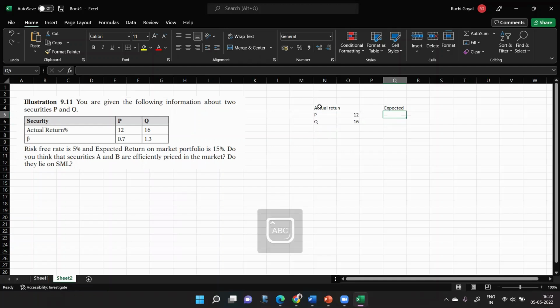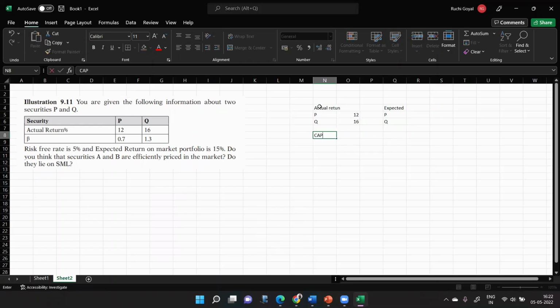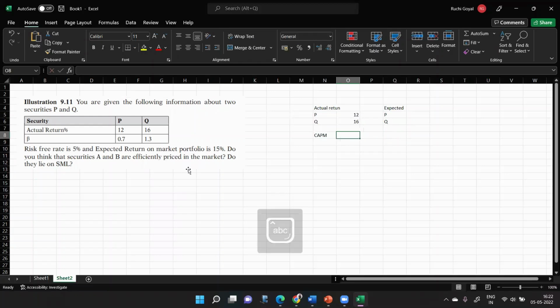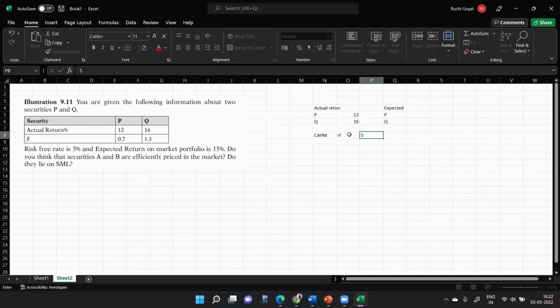Expected return of P and expected return of Q. How will I calculate the expected return? Through the CAPM model. How did I get to know CAPM model है is through the beta factor that is given in the question. ठीक है. Risk free asset is 5% and beta factor is 0.7.